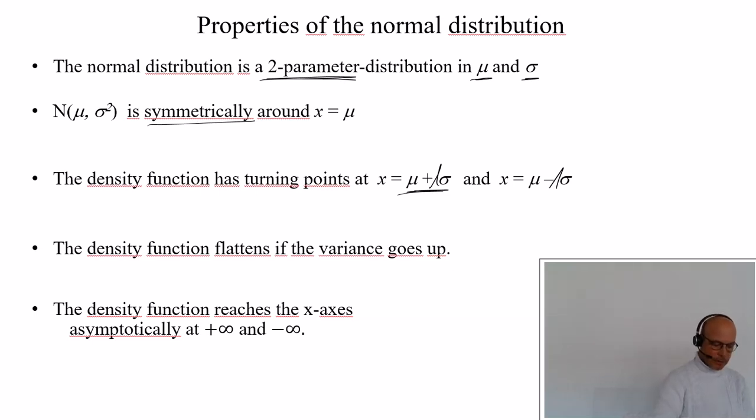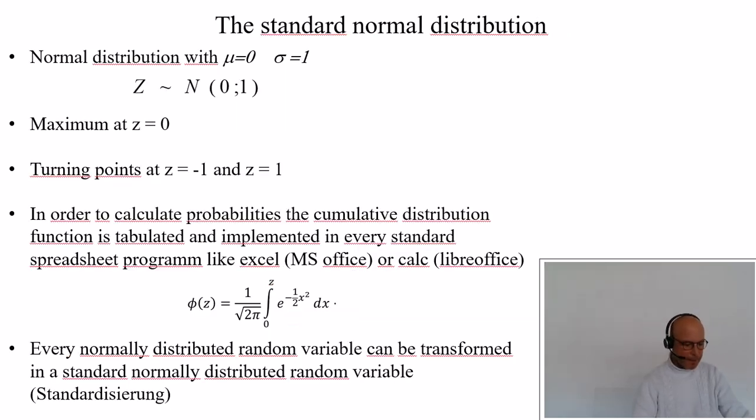In general, if the variance goes up, the distribution gets broader, so it flattens, and of course it reaches 0 as we go to plus minus infinity. Then we define the standard normal distribution with expected value 0 and standard deviation 1.